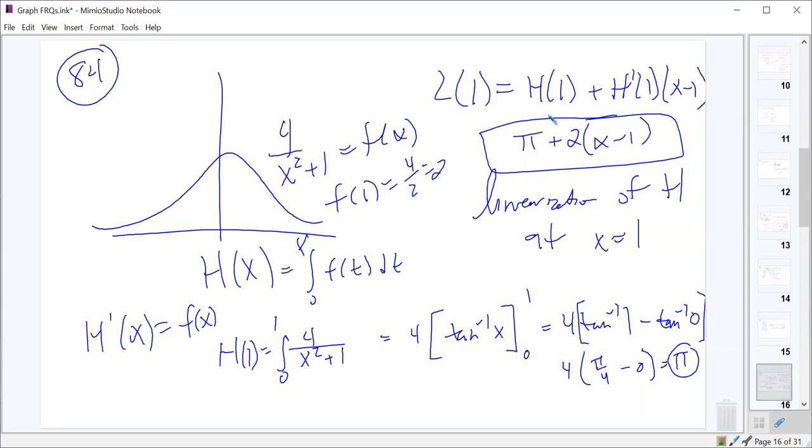That's just our linearization formula. Linearization is the value of the function at your center of approximation plus the derivative of your function at your center of approximation times x minus your center of approximation. And since we're doing it at 1, 1 is our center of approximation. Any questions there on 84? Does that make sense or no?